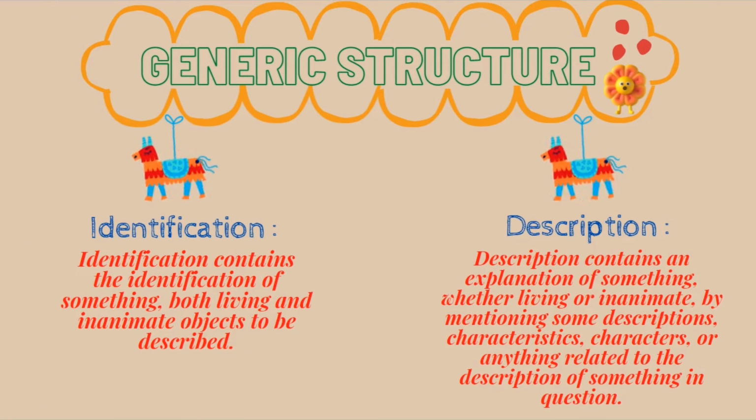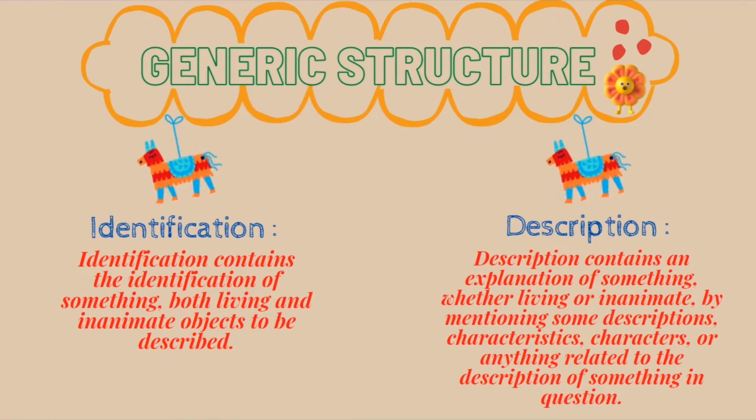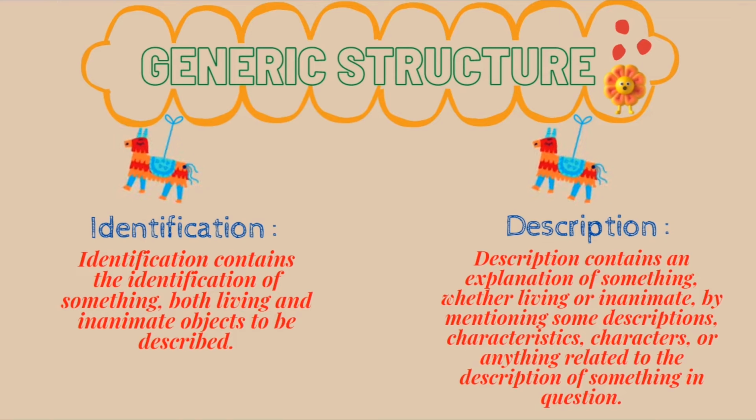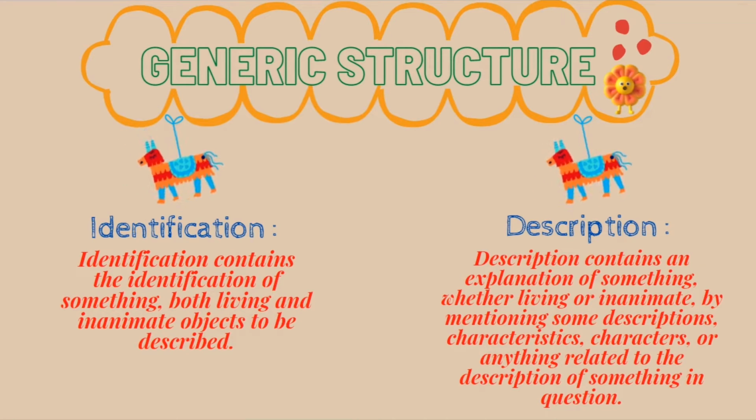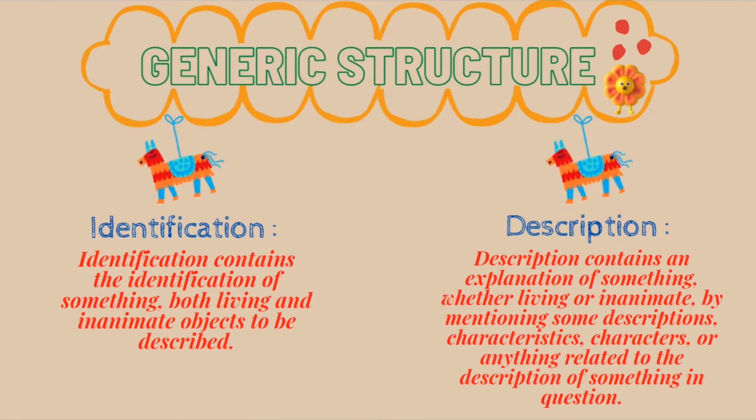Generic structure. To make it easier for us to recognize descriptive text, we can pay attention to the generic structure usually contained in these readings. Firstly, identification. Identification contains the identification of something, both living and inanimate objects, to be described.